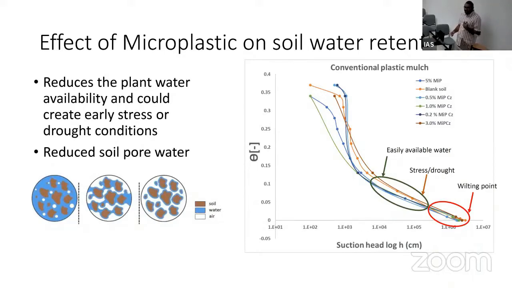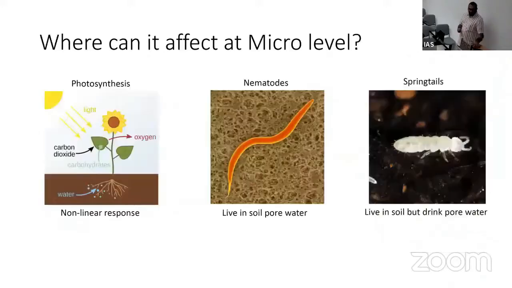But if you look at this section of the curve, which is the point where maximum water is available to the plant, it also has huge variability. So what it can indicate is that it could create early stress in the plant and it could reduce the soil pore water. So what is the significance of soil pore water if you talk about it at the micro level?